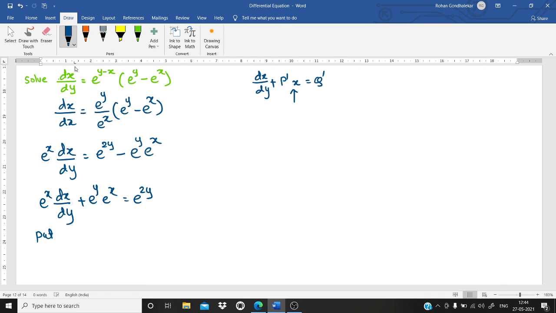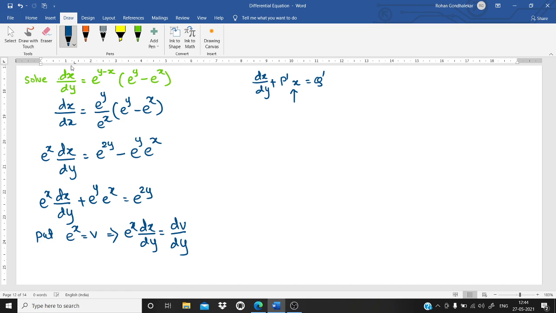Put v is equal to e raised to x. Differentiating on both sides with respect to y, we have e raised to x dx by dy is equal to dv by dy.